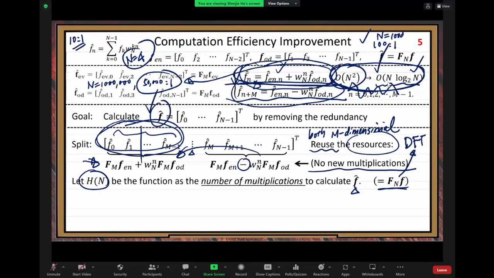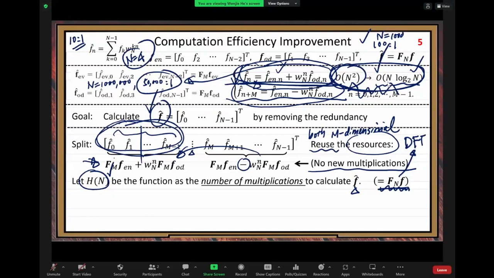That means when we do the DFT of this multiplication, we need H of capital N number of multiplications. So that's the notation, and we need to use it in our recurrence relation.